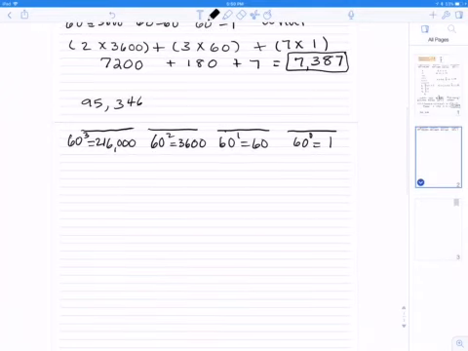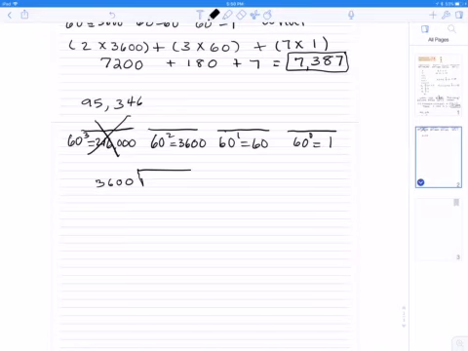Well, I don't need any 216,000s because they're bigger than the number, so I'll eliminate that. So let's see how many 3600s. So I'll divide the 3600 into 95,346. Okay, I see I need 26 of them.